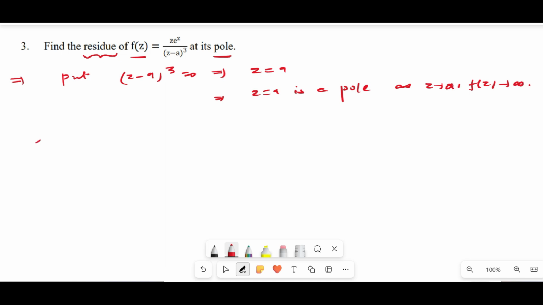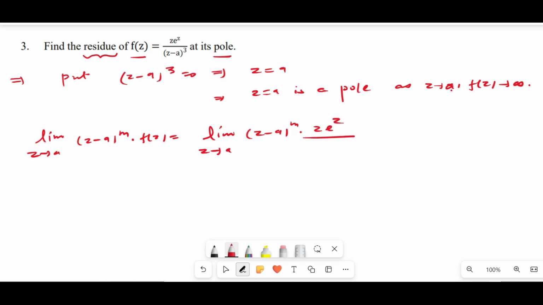So now we need to find the order. So by definition, limit z tending to a, z negative a to the whole power m, f of z, that is limit z tending to a, z negative a to the whole power m, z e to the power of z over z negative a to the whole power 3. So we can write here the limit z tending to a, z negative a to the whole power m negative 3, z e to the power of z. This limit will be, if I take m greater than 3, 0.